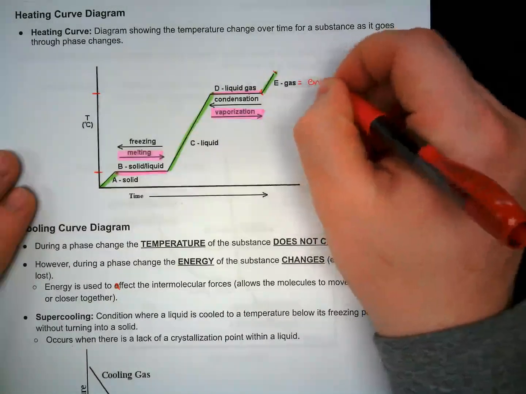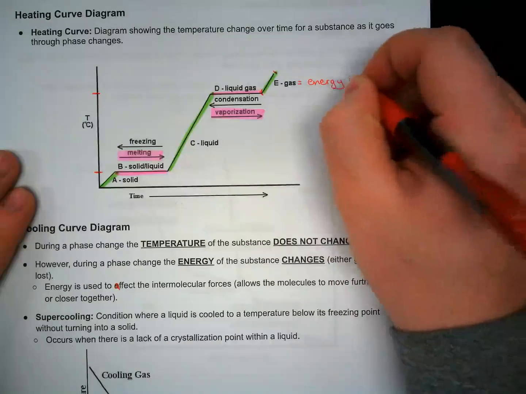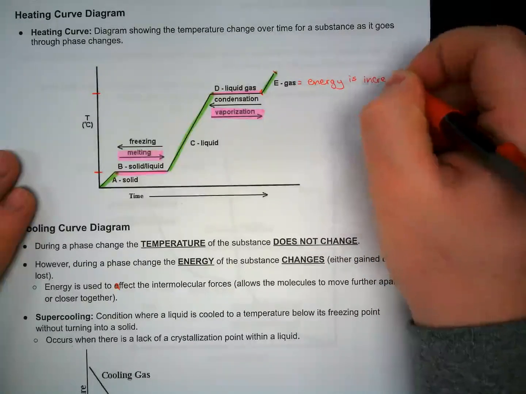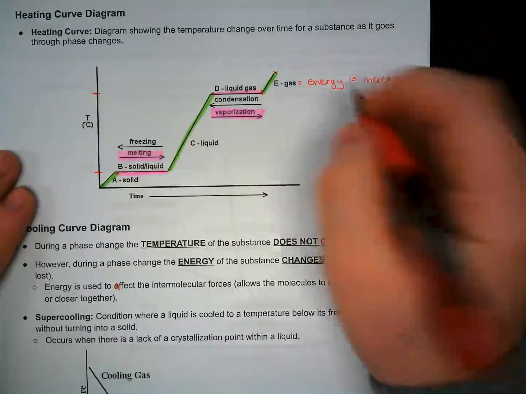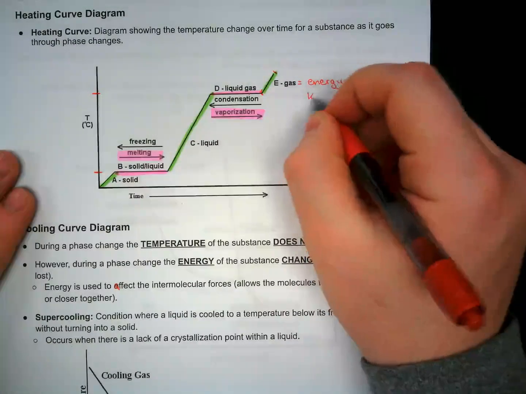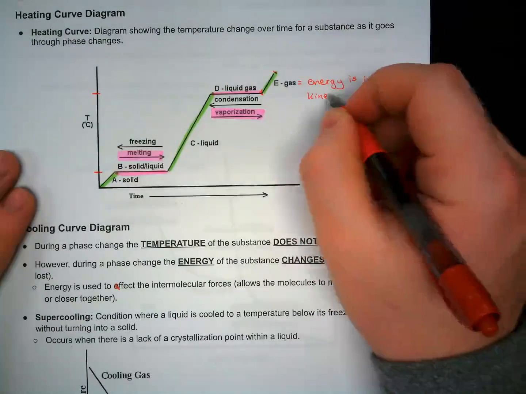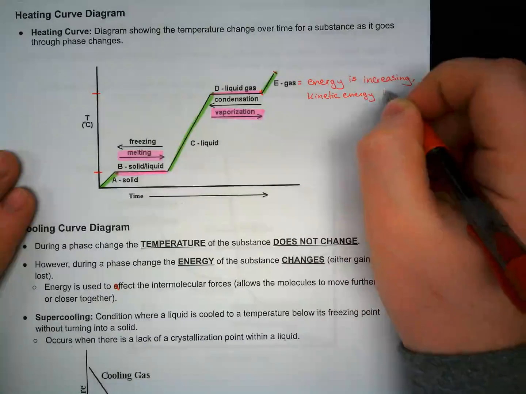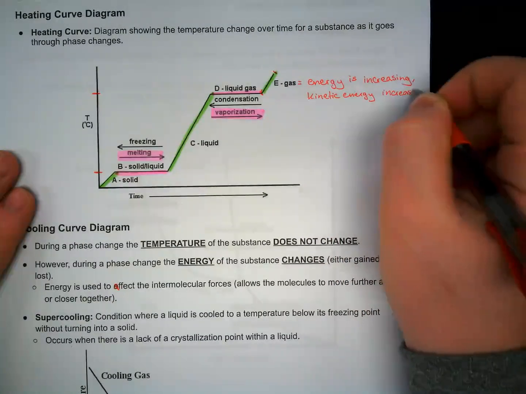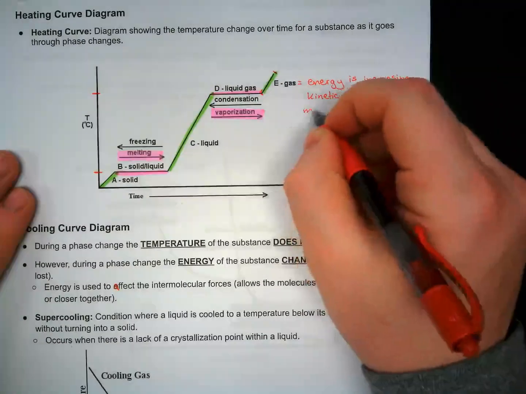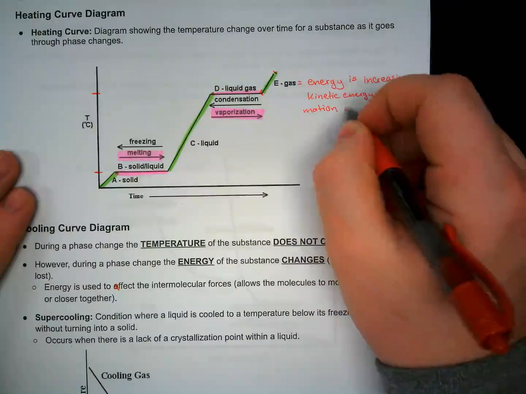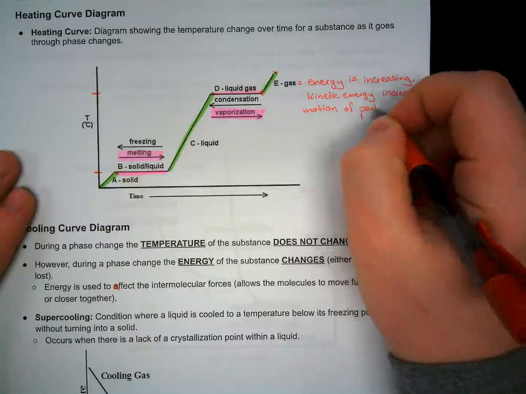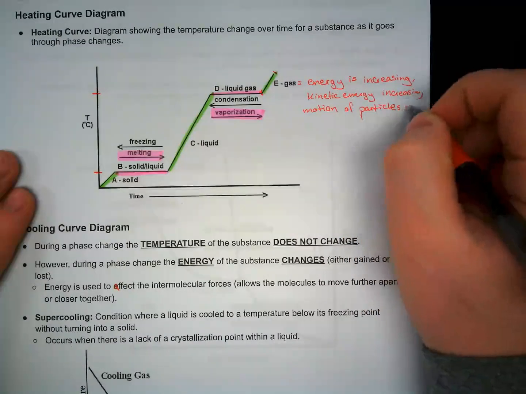Well, the energy is increasing, which means that kinetic energy is increasing, which then means that the motion of particles is increasing.